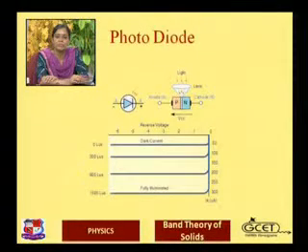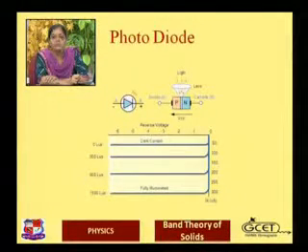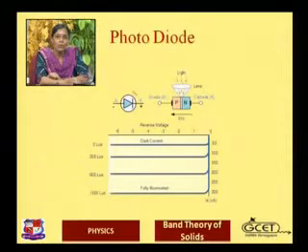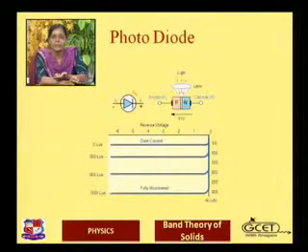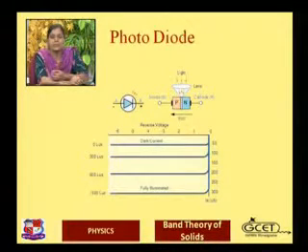Now what happens when we provide light to the PN junction diode? In reverse bias, the depletion layer is already broadened, and the electron hole pairs generated at the junction will be separated by the depletion barrier, and due to that, in the outer circuit we can have current, and that current will be increasing.